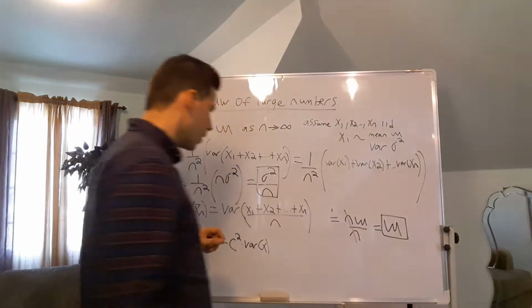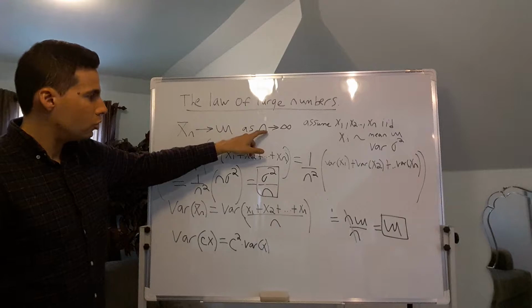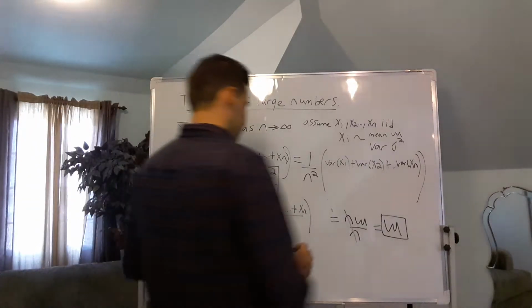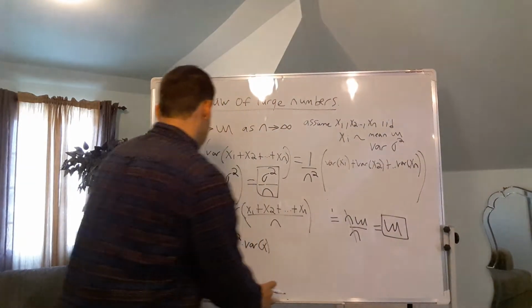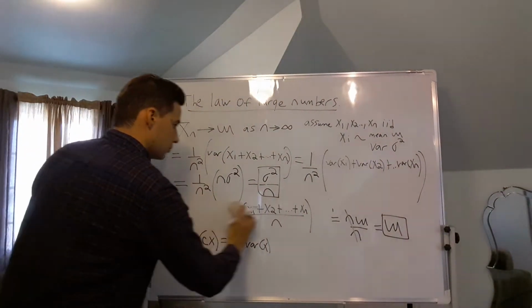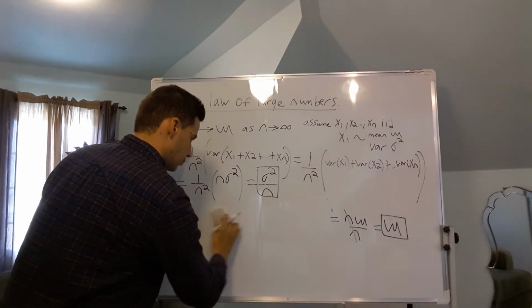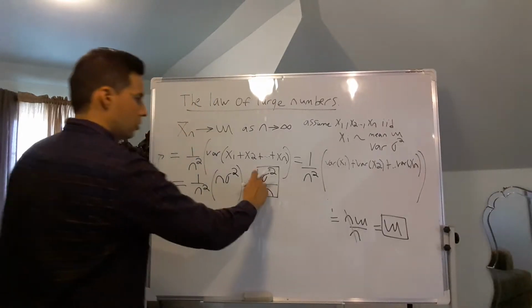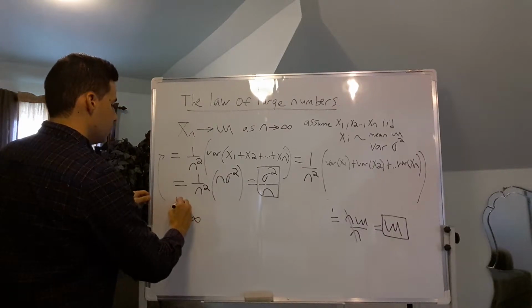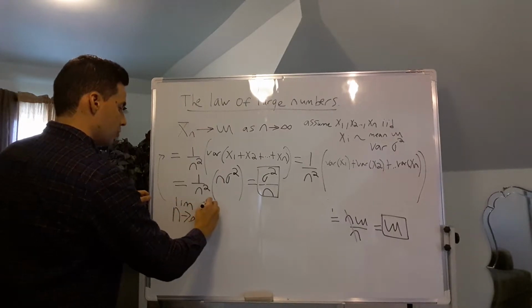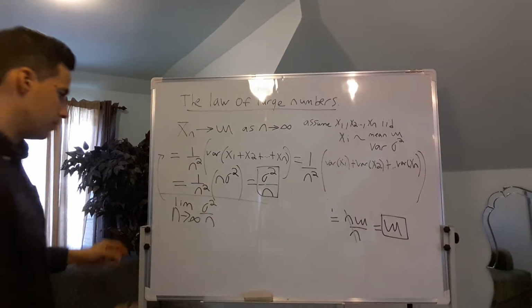So now what we're trying to do is see what happens as n goes to infinity. We'll take the limit of sigma squared over n.